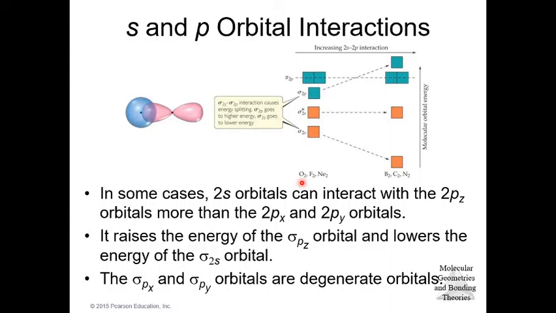If you're on the right side of the p block, you go in this order here for oxygen, fluorine, and neon, where your sigma bonding from the 2p are lower in energy than the pi bonding. So you get this flip here depending on what side of the p block you're on. So on the right side of the p block, the sigma 2p are lower in energy. On the left side of the p block, the pi 2p are lower in energy. And then you'll still have your anti-bonding orbitals up here.